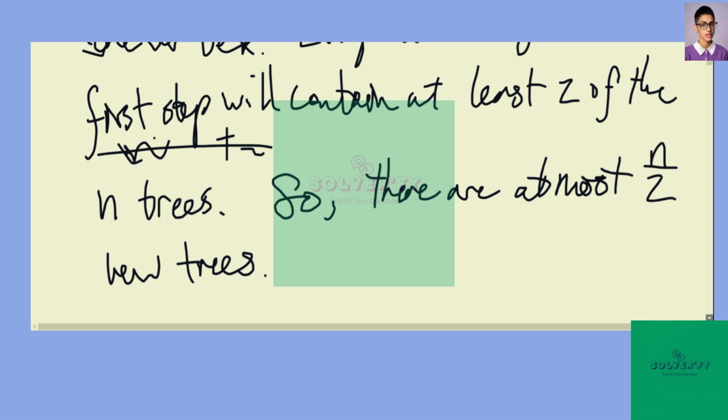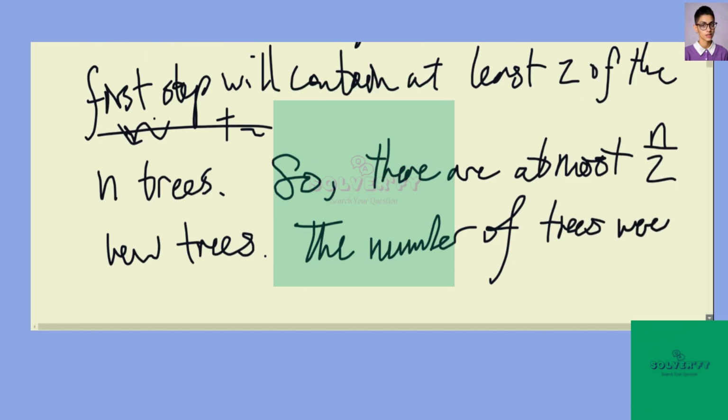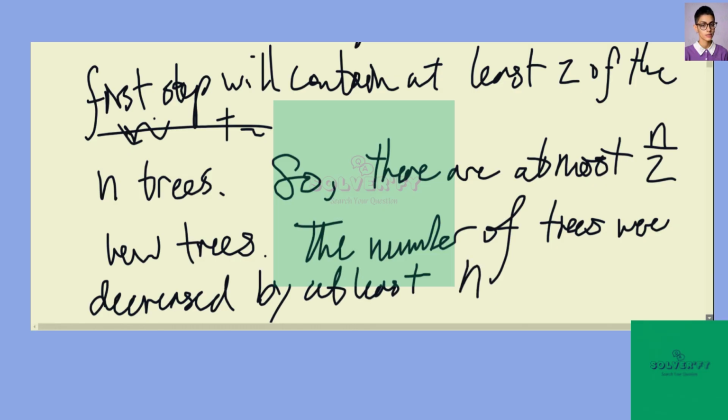Now, this implies the number of trees were decreased by at least n minus n over 2, which is equal to n over 2 trees, and so we required at least n over 2 edges.